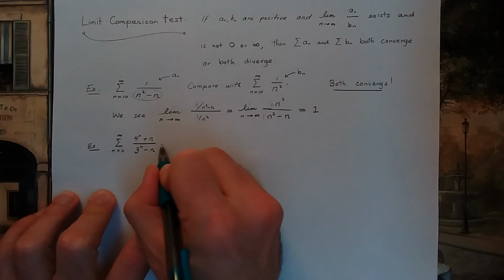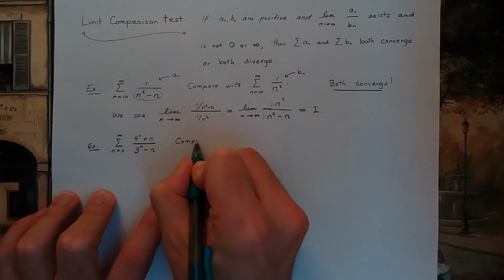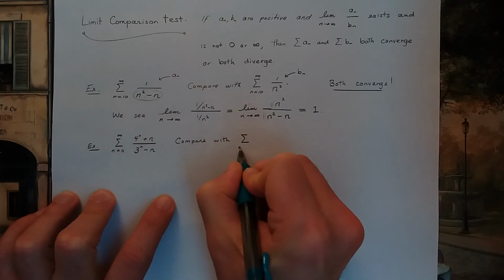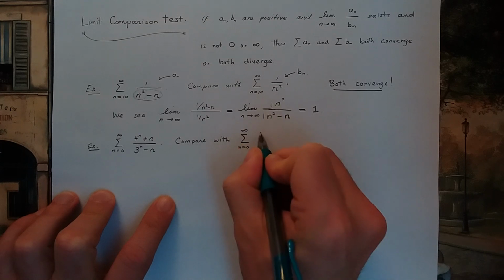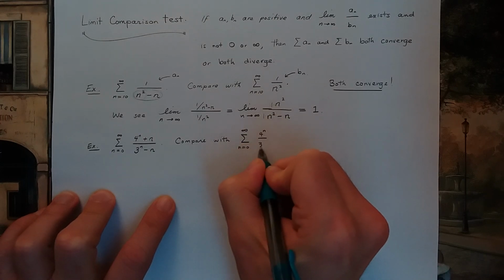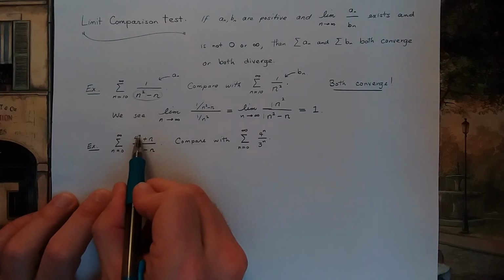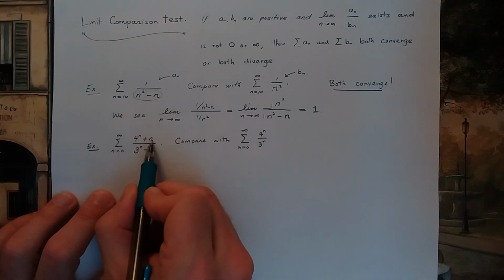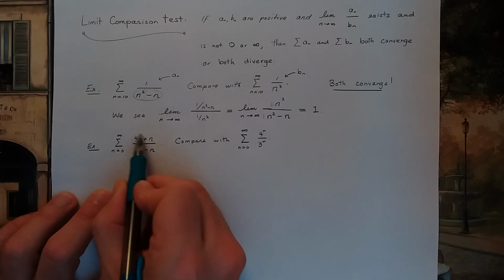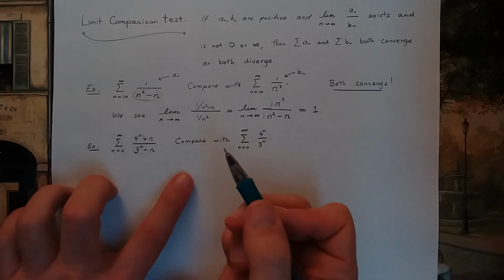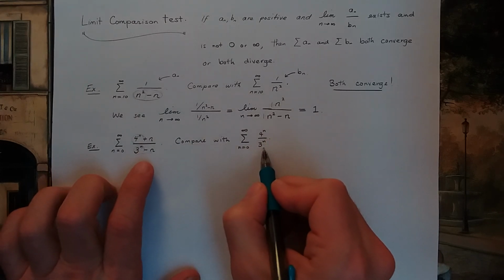Now, I'm going to compare with the sum 4 to the n divided by 3 to the n. For large n, 4 to the n is much more powerful than puny old n. So the term that matters on top is 4 to the n, and similarly, the term that really affects things on the bottom is 3 to the n. So I'm going to see what happens if I compare with this.